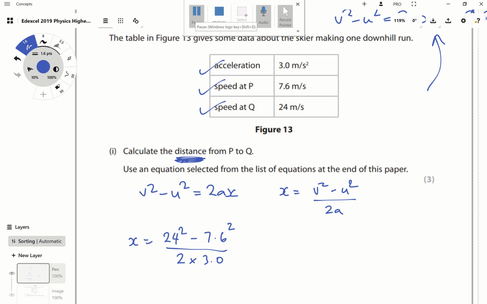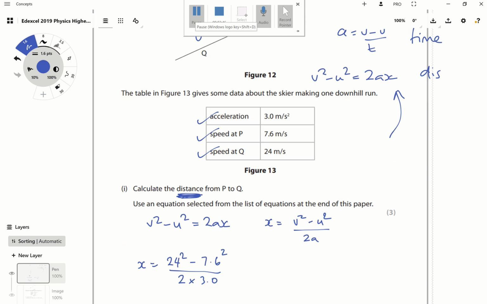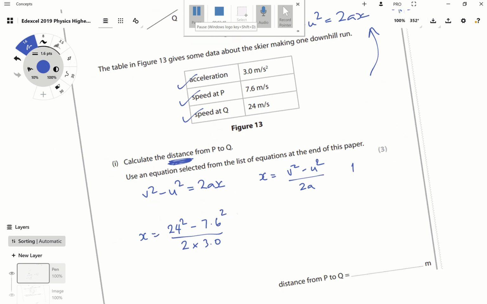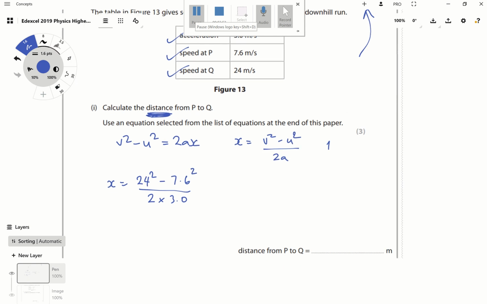So it's just making sure you pick out the final speed. So just having a quick check. Yeah, Q is the final speed. And then I put that into a calculator. X equals... I'll put that into a calculator. 24 brackets, 24 squared minus 7.6 squared, closing brackets, divided by 2 times 3.